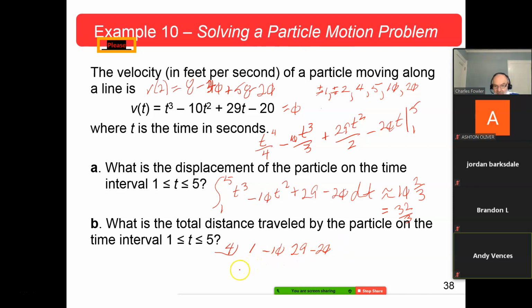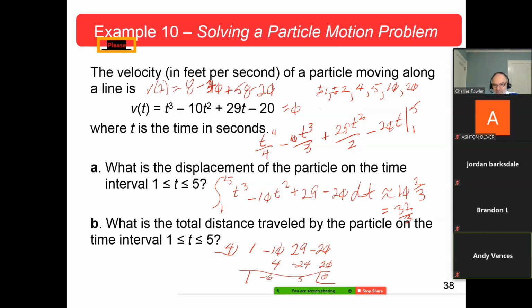Skip a line, draw a line, bring down the 1. This will be 4, minus 6, minus 24, 5, 20, 0. Ding, ding, ding. 4 is a 0.